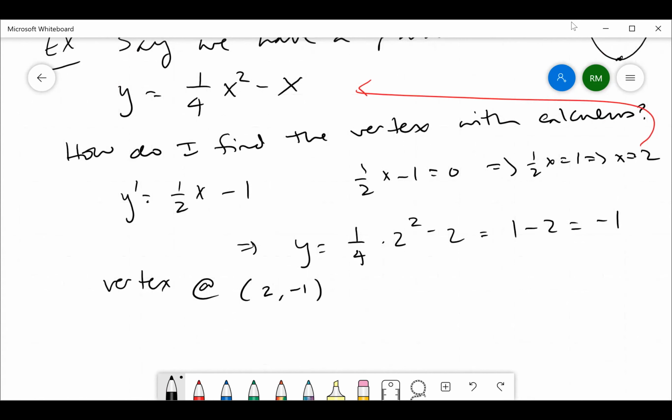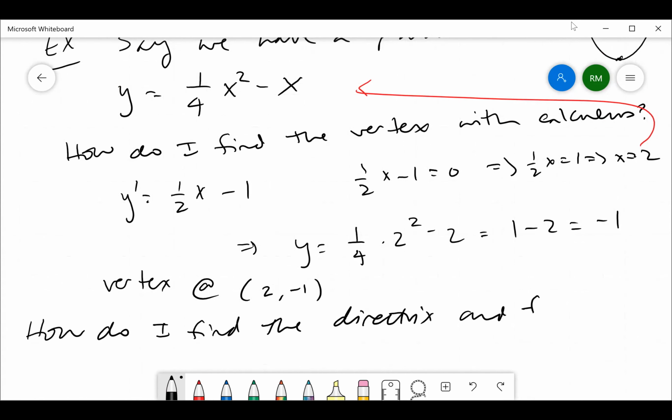What's another way? What's something else we can do? Well, let's say we want to find the directrix and the focus. How do I find the directrix and focus? Well, I can put the equation of the parabola back into the standard form.